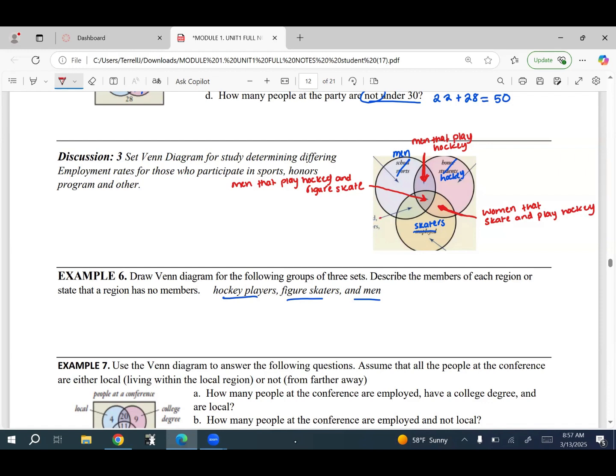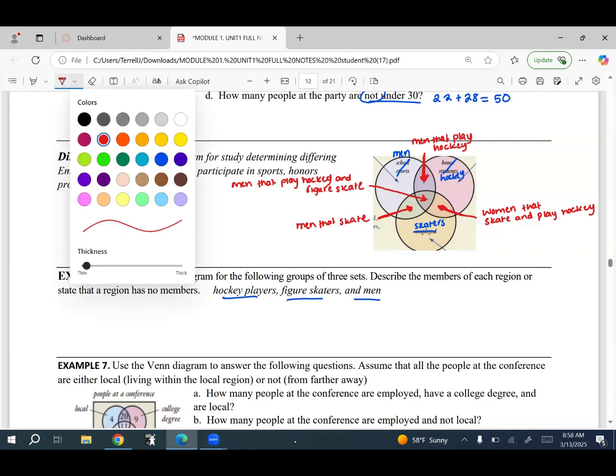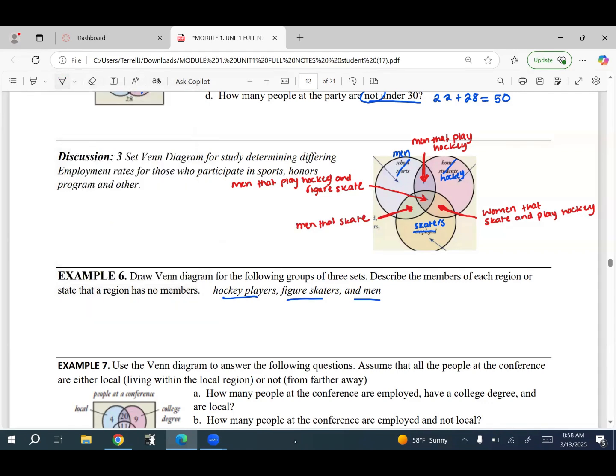And then this final overlapping piece, so we just looked at all the overlaps. It is shared with men and skaters. So this would be men that skate. Next, I'll do this in a different color.